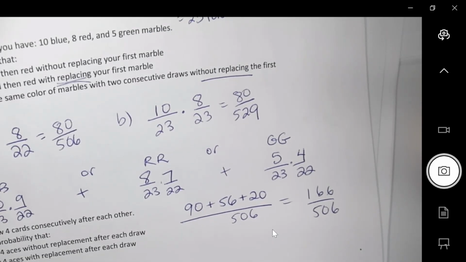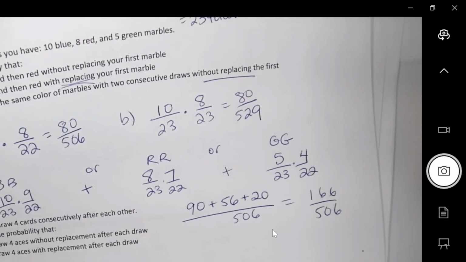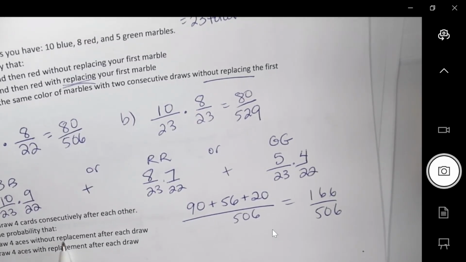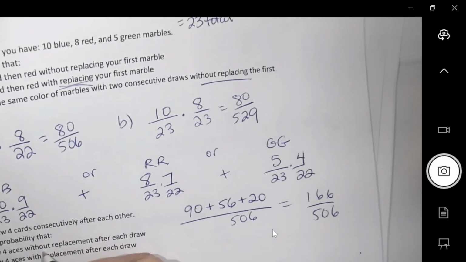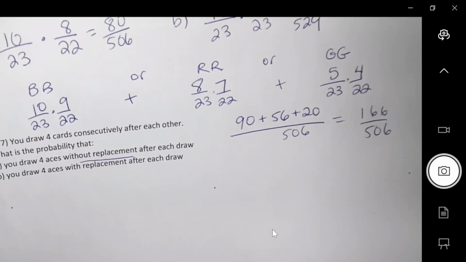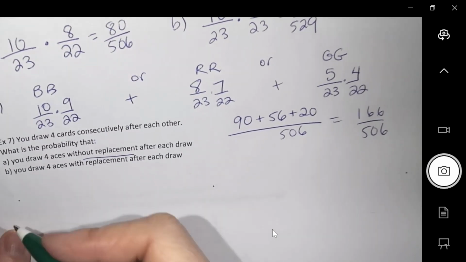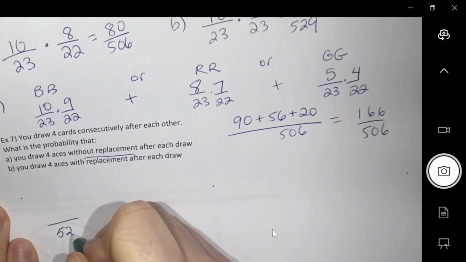Okay, the next one. You draw 4 cards consecutively out of a deck. What's the probability that you draw 4 aces without replacing after each draw? Without replacing. Okay, so on the deck, what's the total cards here? 52.